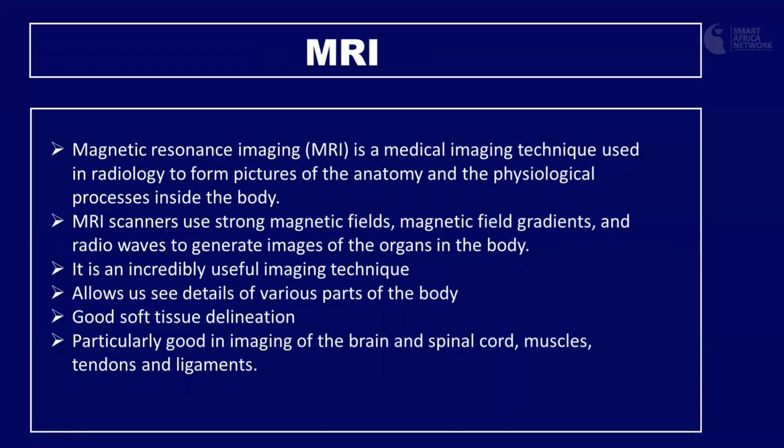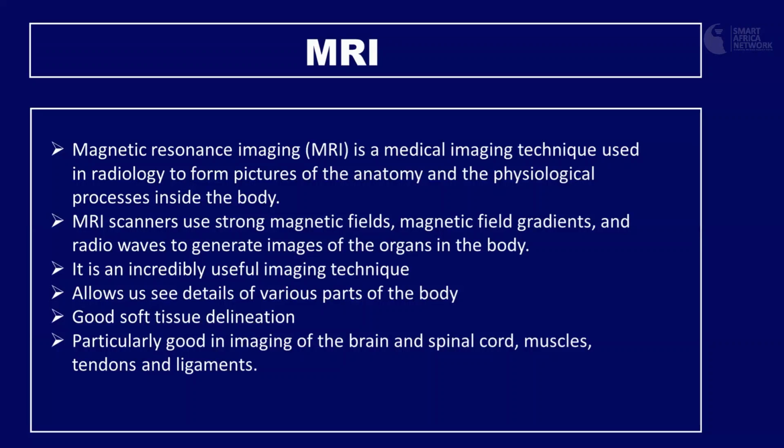So MRI is a medical imaging technique used in radiology to form pictures of the anatomy and the physiological processes in the body. These scanners use very powerful magnetic fields, magnetic gradients, and radio frequency waves to generate images of the organs or tissues in the body.